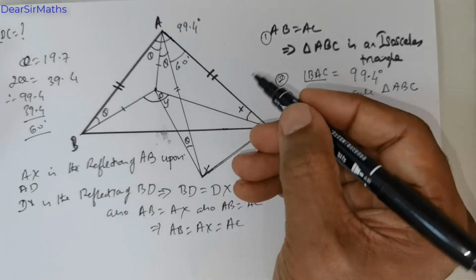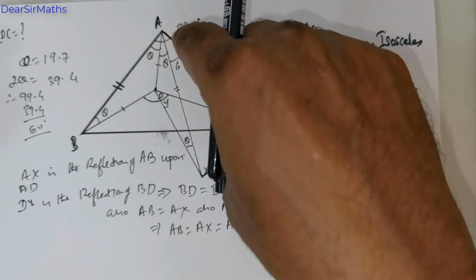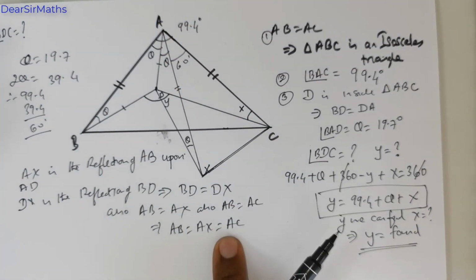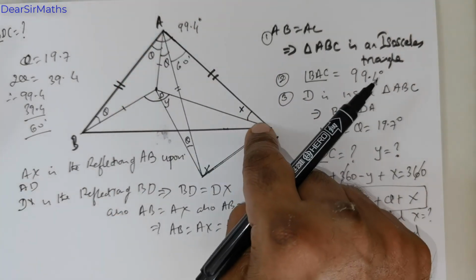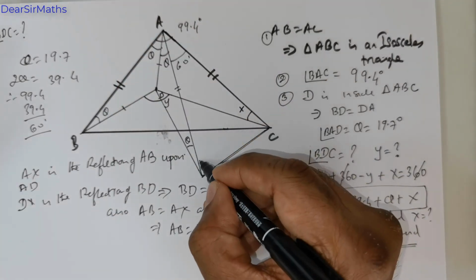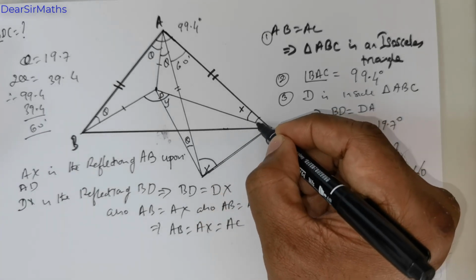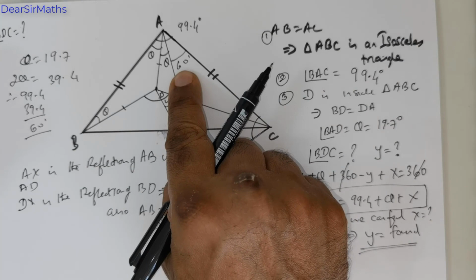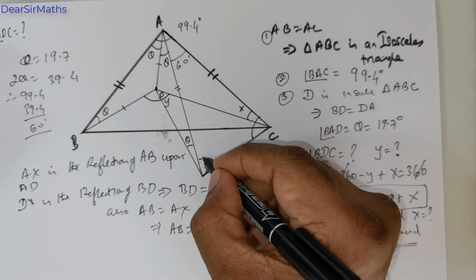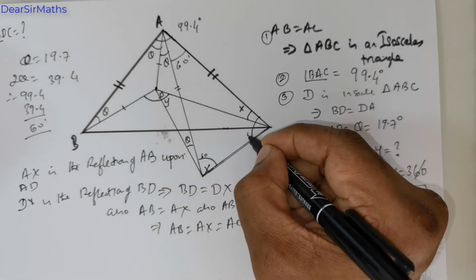Now I just mentioned to you that AX is equal to AC. So these two sides are equal. So that would mean the base angle over here will be the same base angle over here. Already one side is 60. So this side is 60 and this side is 60.